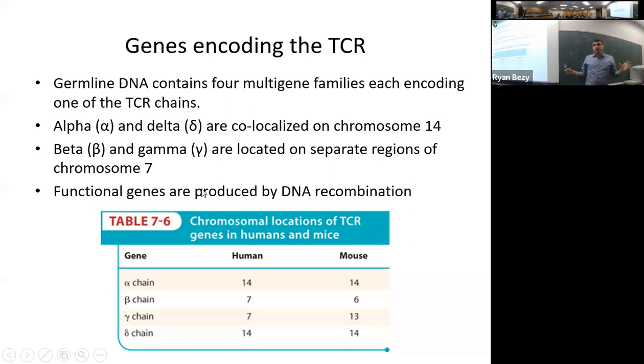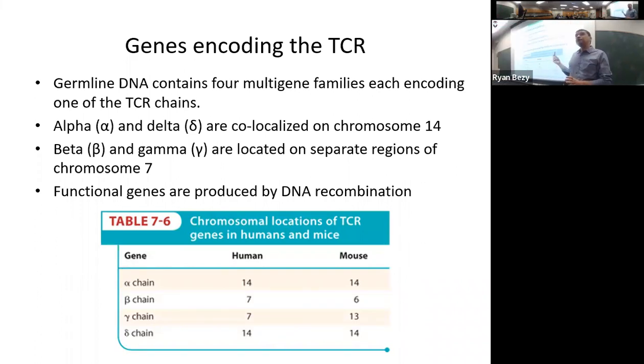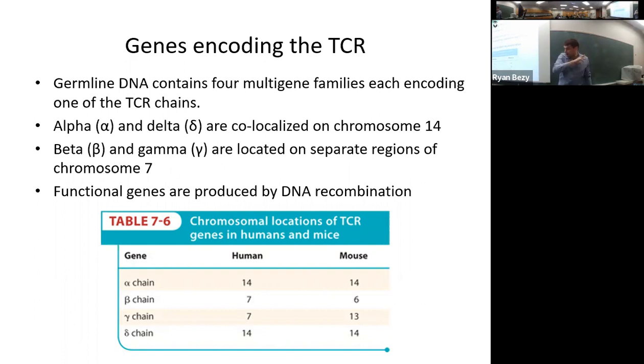Functional T cell receptors are also going to require DNA recombination, DNA rearrangements, the same way that antibody genes are created. Okay, so everything we just finished talking about for immunoglobulin gene rearrangements is going to come right back up for T cell receptor gene rearrangements, but with just a few small differences here and there.